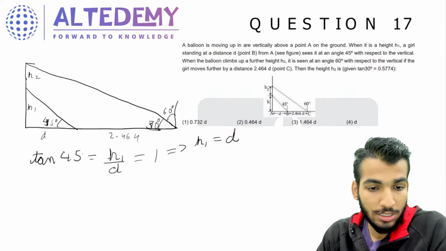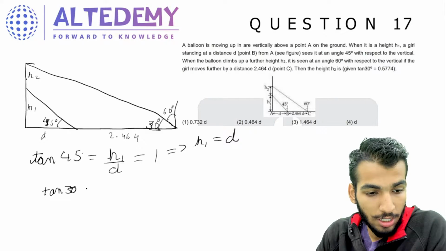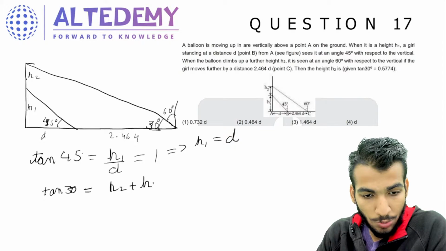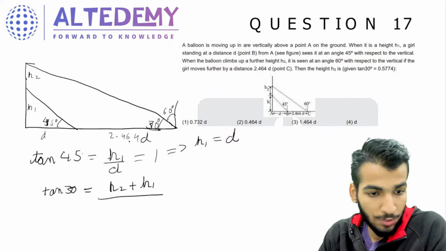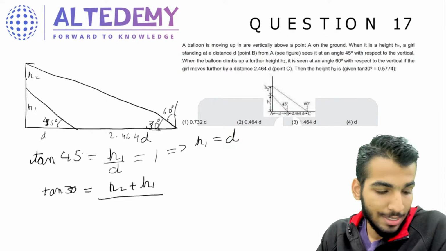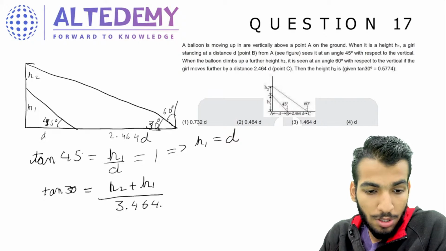So let's see what is tan 30. Tan 30 is equal to h2 plus h1 upon d plus 2.464d. That means basically 3.464d.